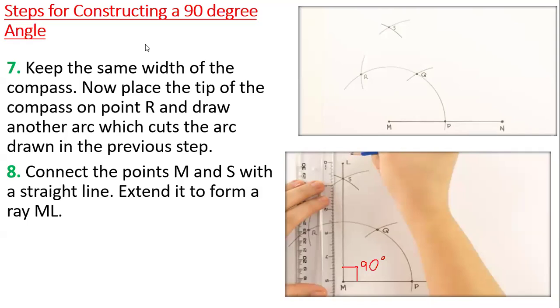And you connected the points M and S with a straight line and extended it to form a ray. And then you got an angle.